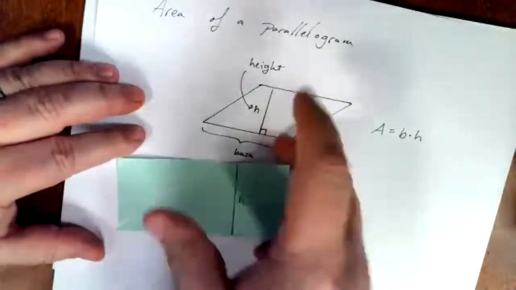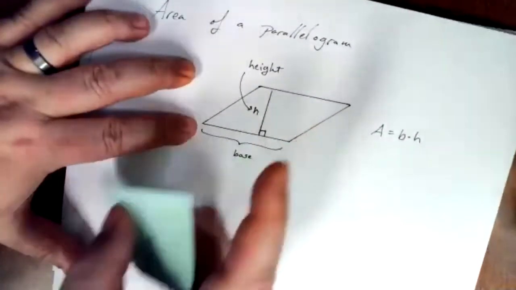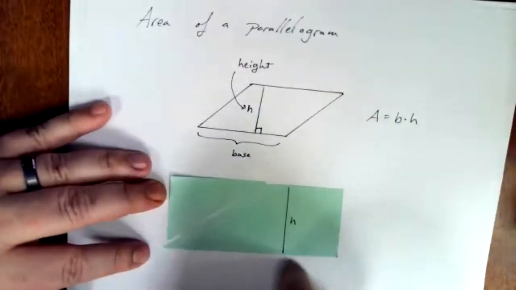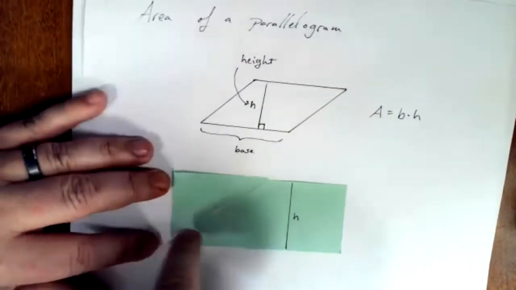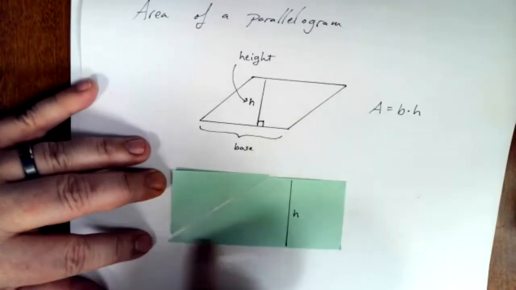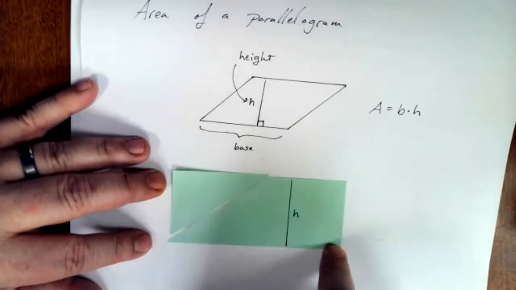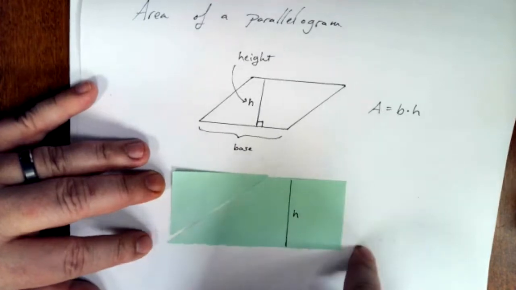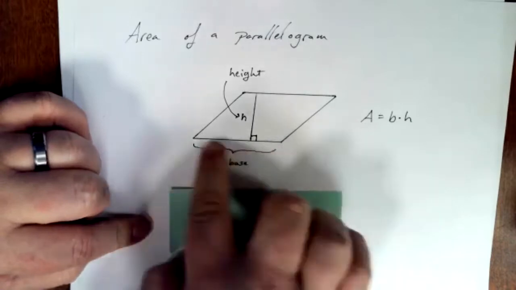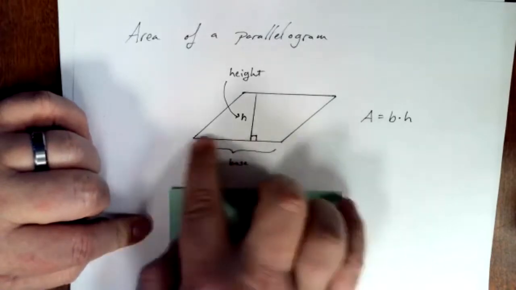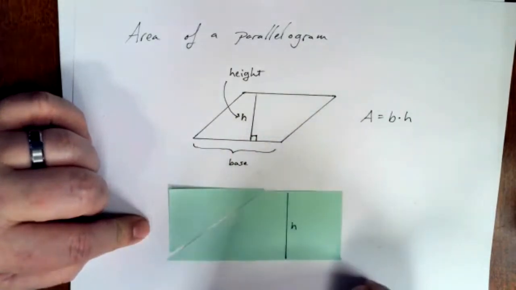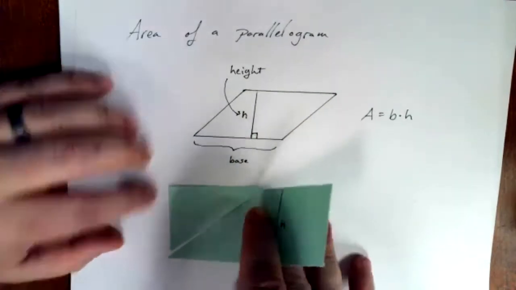It's not the best tape job, but I think you get the point. I've got a rectangle. The area of this rectangle is the base times the height, or length times width. So the area of a parallelogram is the same as the area of a rectangle. You just need how wide it is at the bottom, and you need to know how tall it is. And there you go.